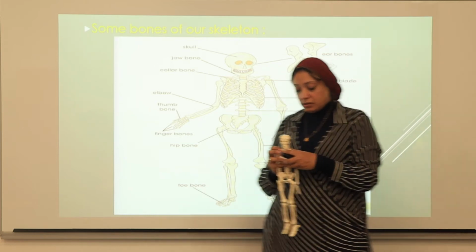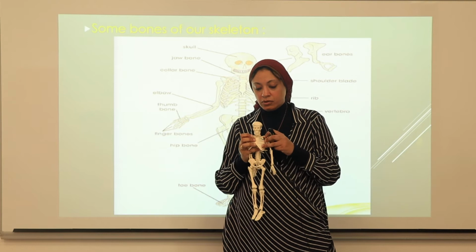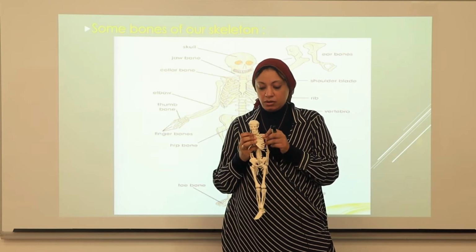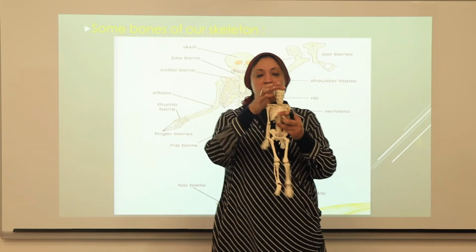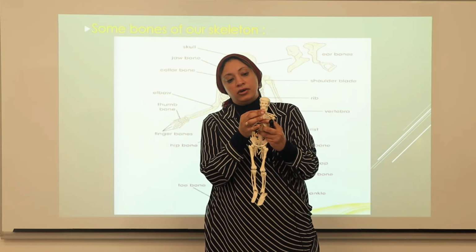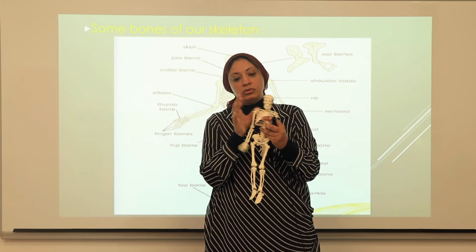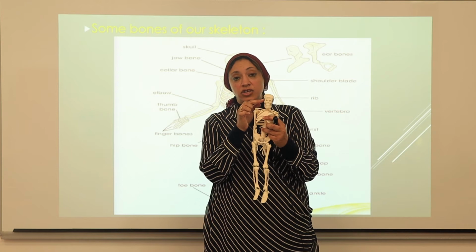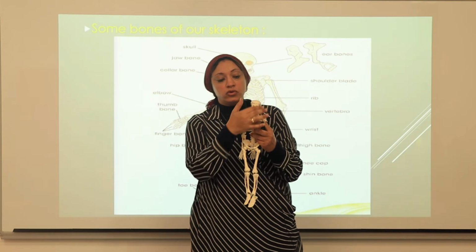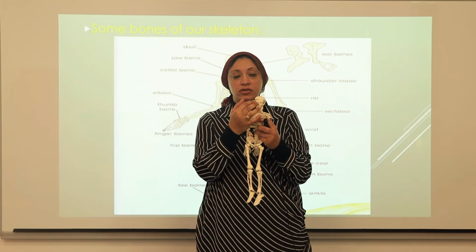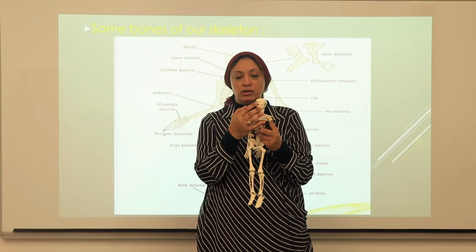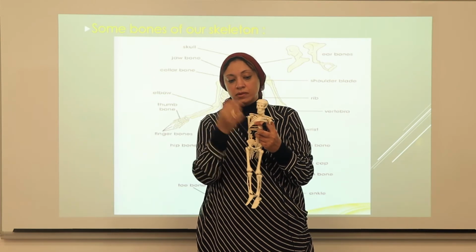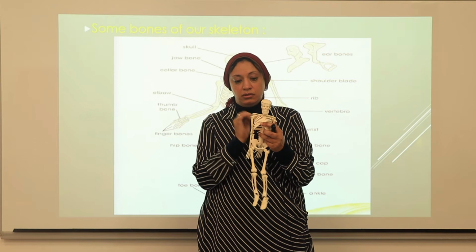So again, on this model, I have here the skull, and then I have here the jawbone, and inside we have the ear bones, and of course the skull has cavities for the sense organs like the eyes, like the mouth or the tongue, like the ear.